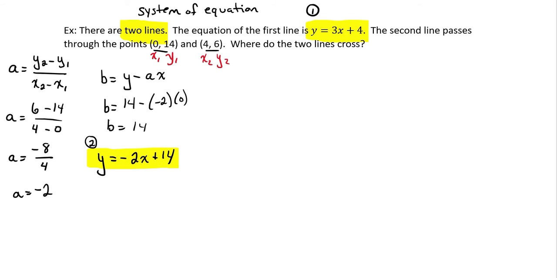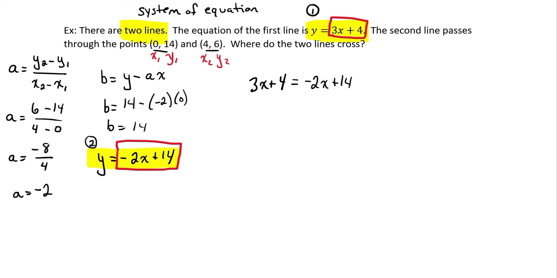If y is already by itself, we can take what's on the right-hand side of this equation and what's on the right-hand side of this equation and make a new equation where these two things are equal to each other. So we'll start with this. Let's write 3x plus 4, that's what's on the right-hand side over here, equals negative 2x plus 14. And this is called comparison because we're comparing these two sides.